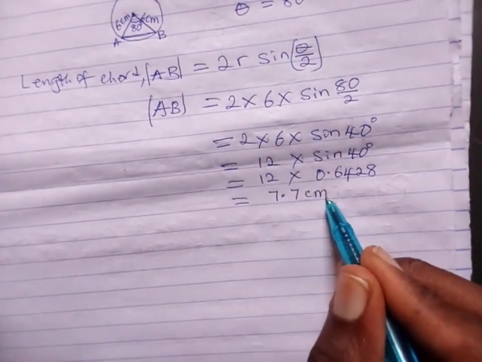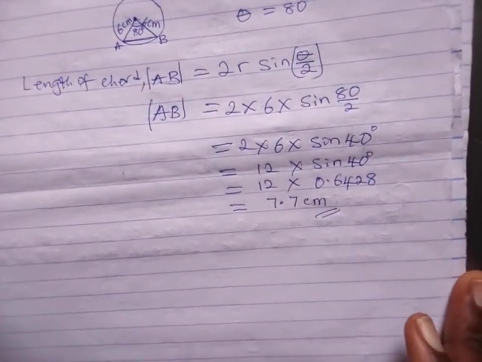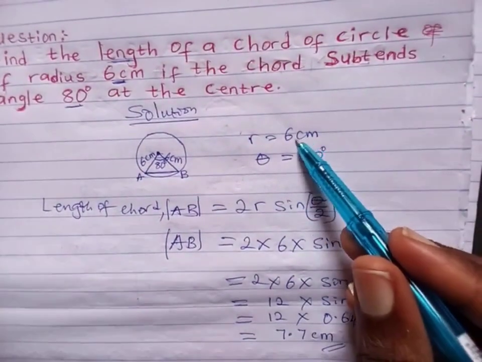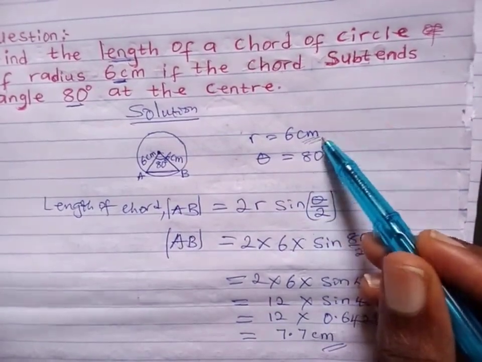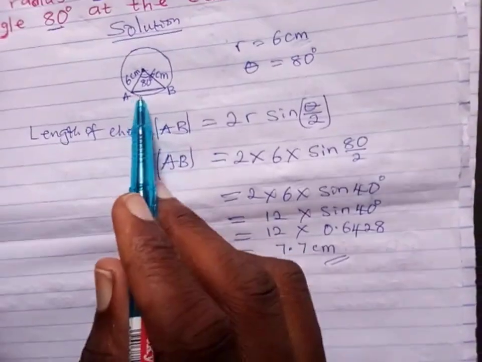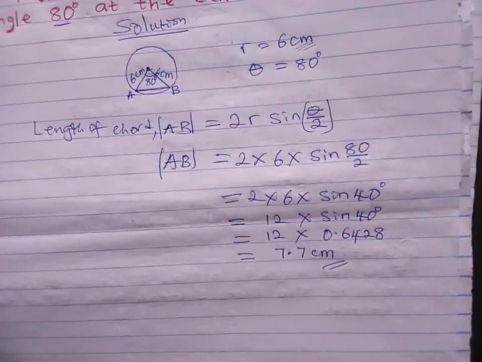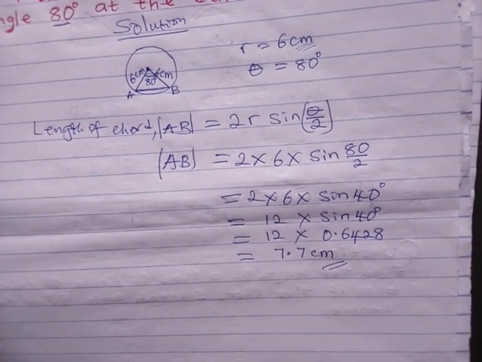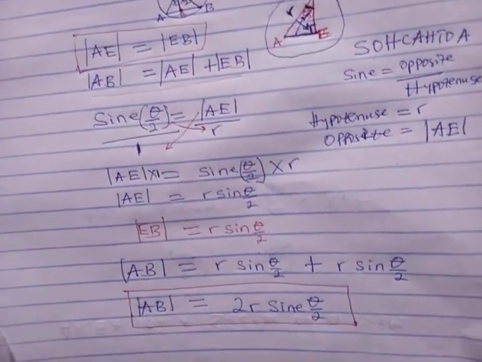Of course, it's going to be in centimeter. Why is it in centimeter? Because the radius is given to us in cm. So the length of the very chord we calculated will also be in centimeter.